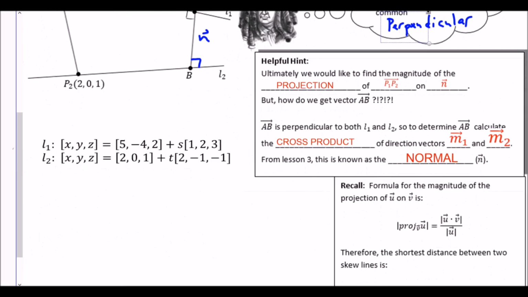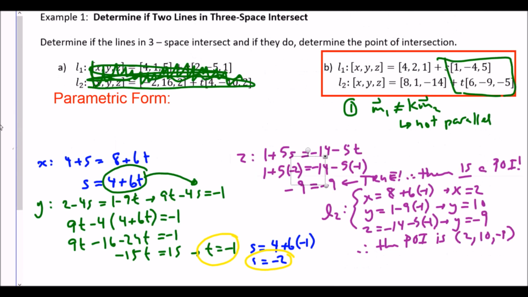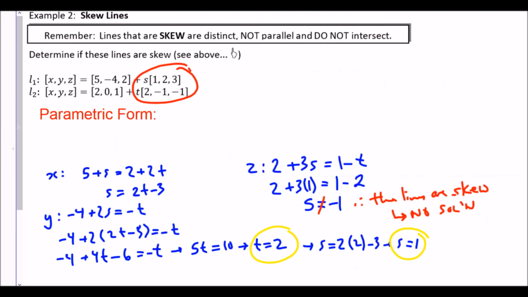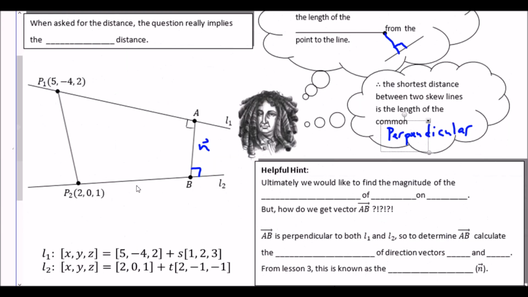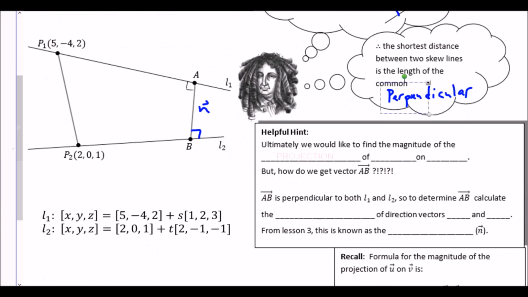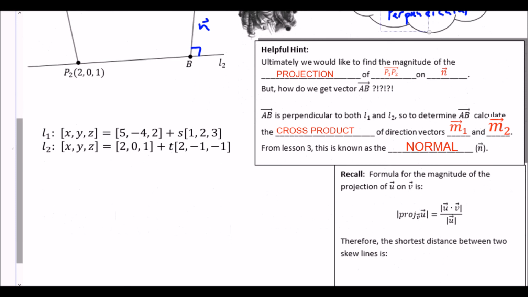So, just to recall, the formula for the magnitude of the projection of u onto v is the magnitude of u dot v over the magnitude of, and this is actually incorrect, it should be the magnitude of, not u, but v.